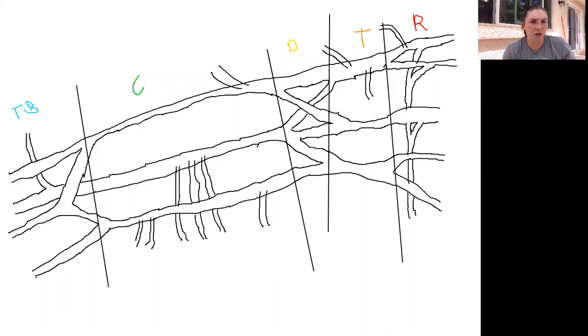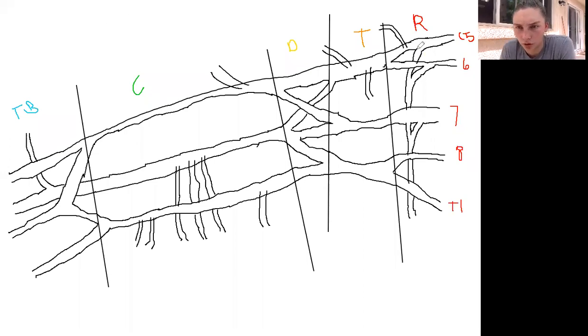All right, so first of all, with the roots, the most superior is going to be C5. We use all the cervical below C5, so we go to C6, C7, C8, and T1. We end with T1. There are a few branches off of the roots.